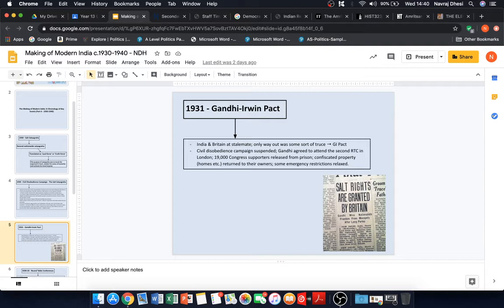Now, one of the most important things was that there was an abolition of salt tax, and obviously Indians were able to grow their own salt, to manufacture their own salt, and to also then sell salt themselves. Okay, so that was a major success for them.